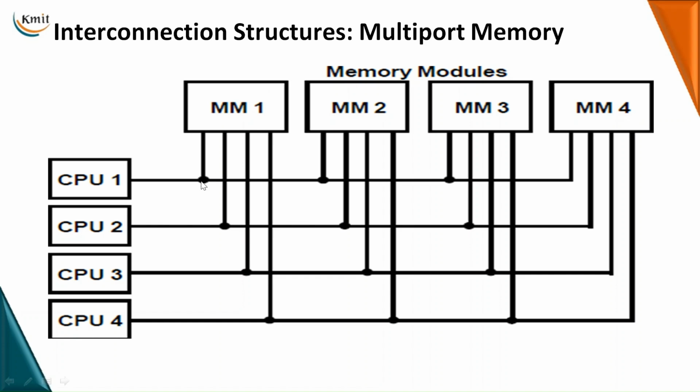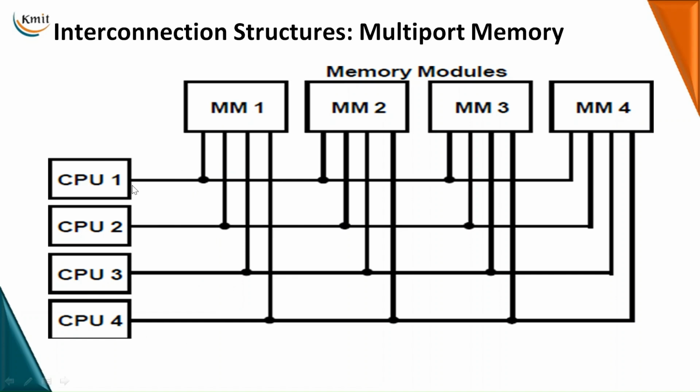It can be connected to all the CPUs: CPU1, CPU2, CPU3, and CPU4. So CPU2 can access the multi-port memory MM1 with the help of this particular port. Each memory module has four ports connected to all the four CPUs present in the system.